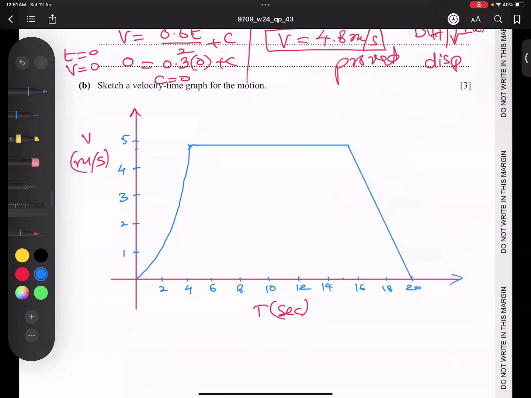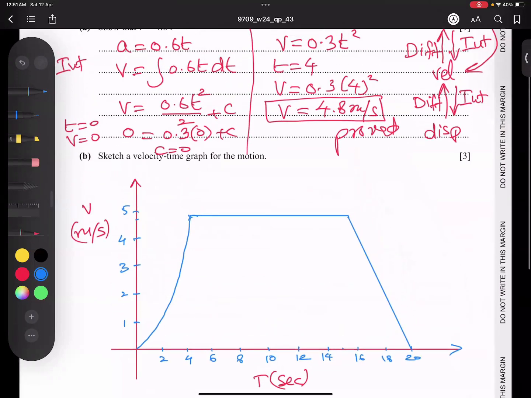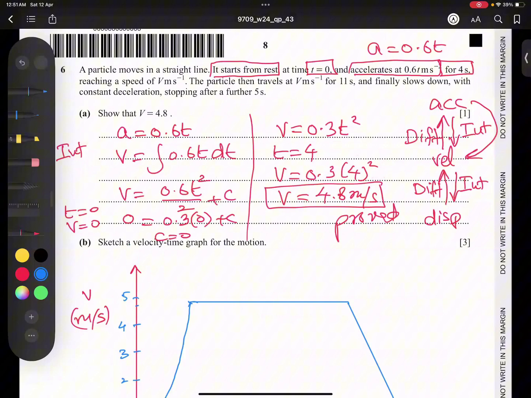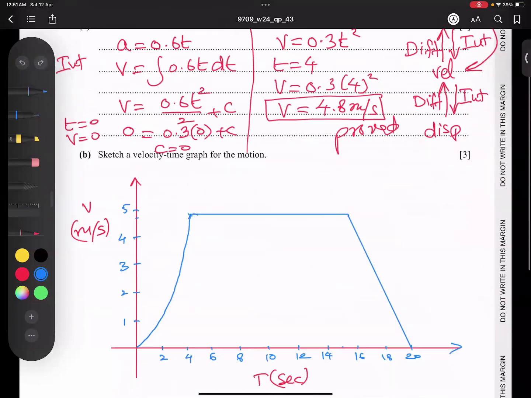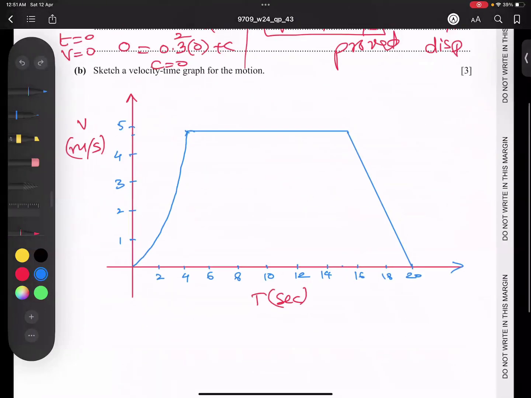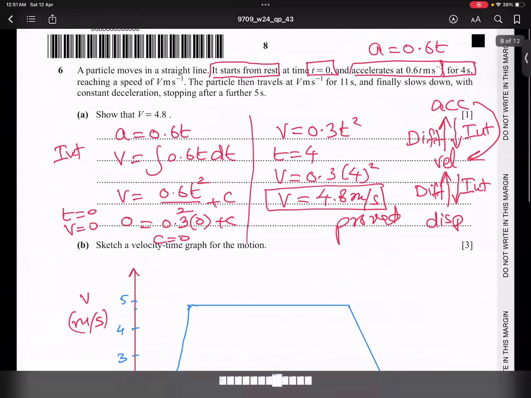I hope the point is very clear, and the sketching part is done. I think this part is very clear, and let's talk about the next page.